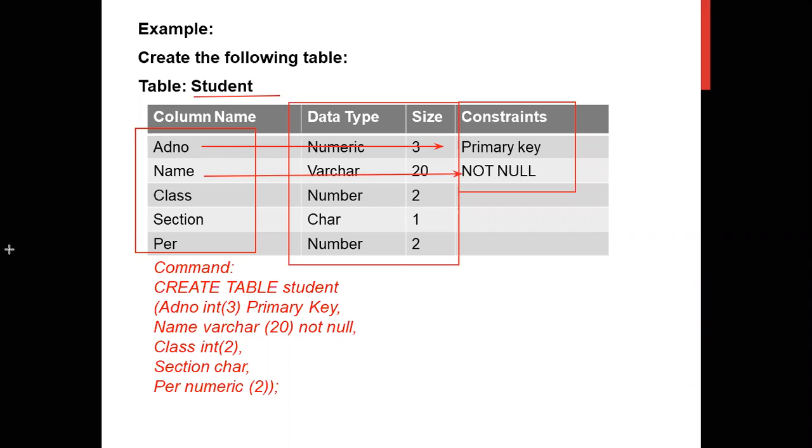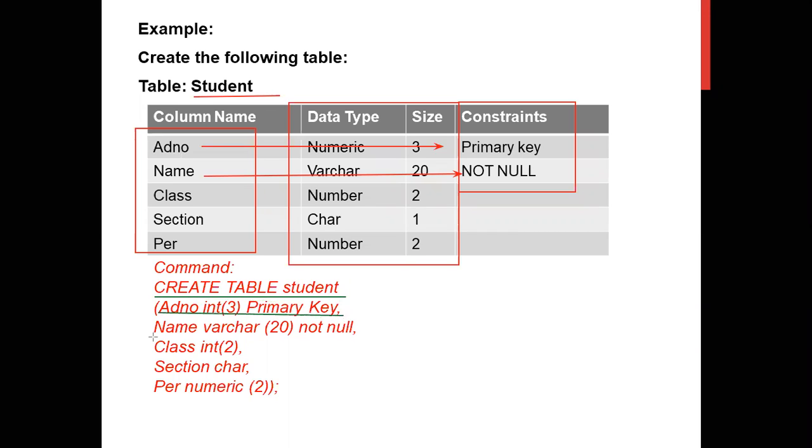Then how to create it? For this, we are using the command CREATE TABLE. The table name is student. The first column is admission number, type int(3), primary key.